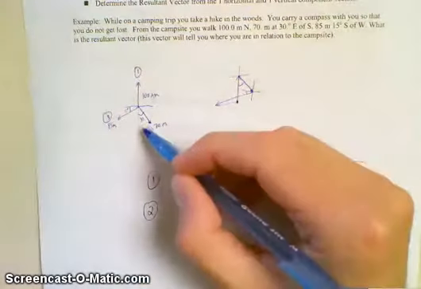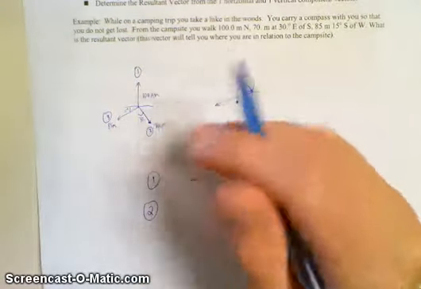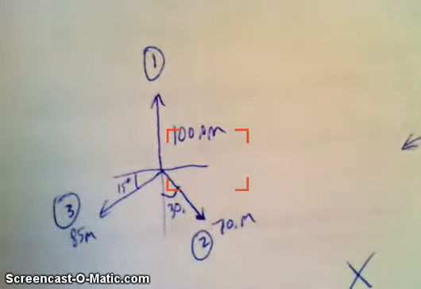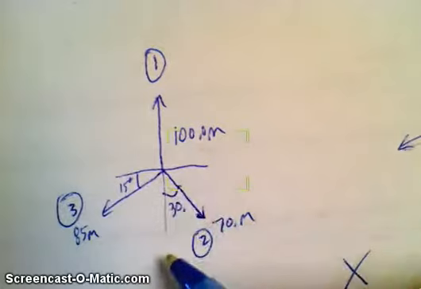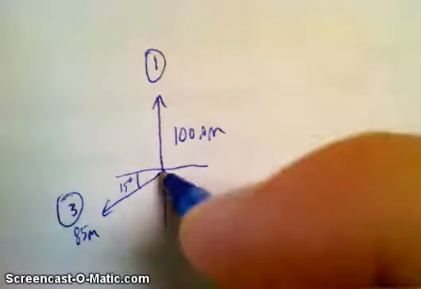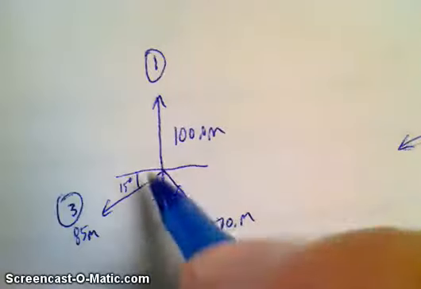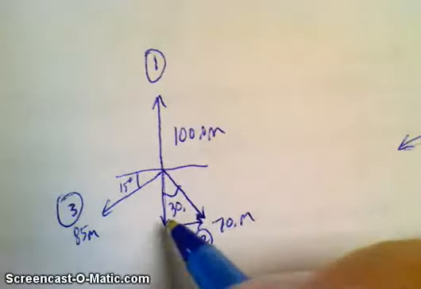So I need to break this into components. I'm going to zoom in so you can see this. If I make this a right triangle with this angle, I can make a vertical component and a horizontal component. Does everybody see that? How I make that into a triangle? And here's my right triangle.